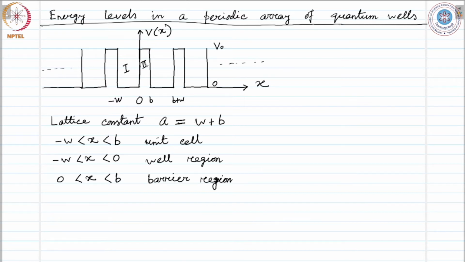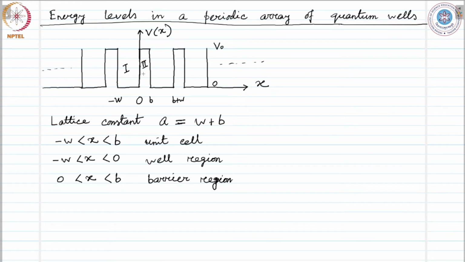We know the general solution for wave function in region 1 and region 2 from our quantum mechanics courses. If we have an electron or any quantum particle with energy more than 0 but less than V0, we will have an oscillatory solution in region 1 and an exponentially decaying solution in region 2.